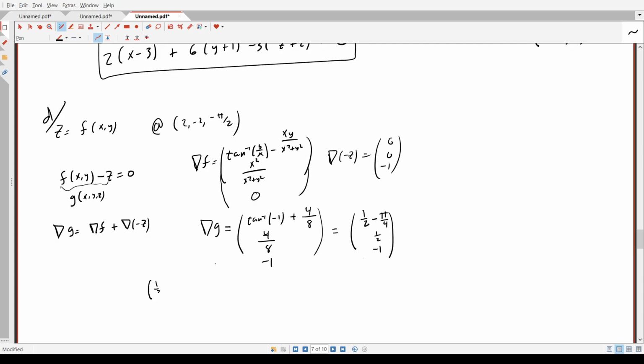I have 1/2 minus pi over 4 times x minus 2 plus 1/2 y minus minus 2 minus 1 times z minus minus pi over 2 equals 0. That's my tangent plane.